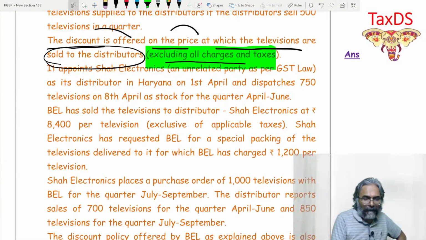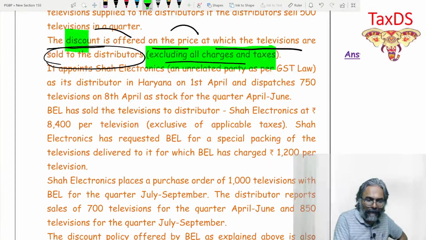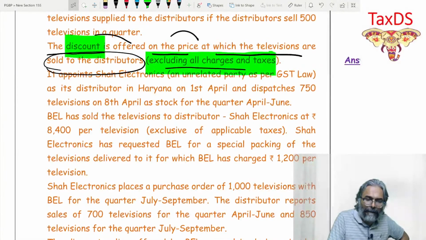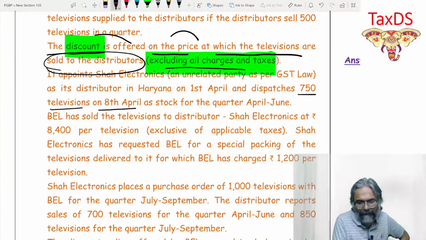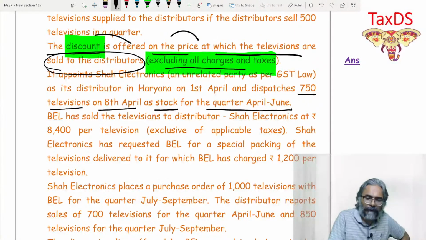Take the things further now. So the discount which is given excludes all the charges and taxes. Underline this. It appoints Shaw Electronics, an unrelated party as per the GST law, as its distributor in Haryana on 1st April and dispatches 750 televisions on 8th April as stock for the quarter April to June.